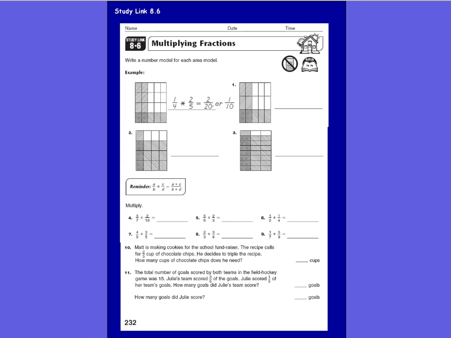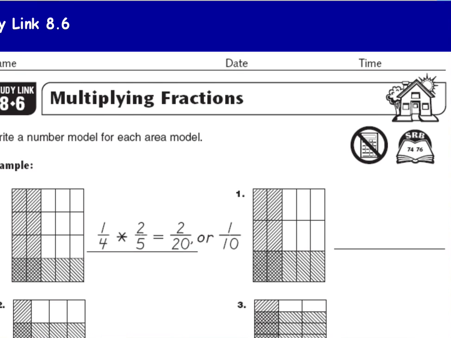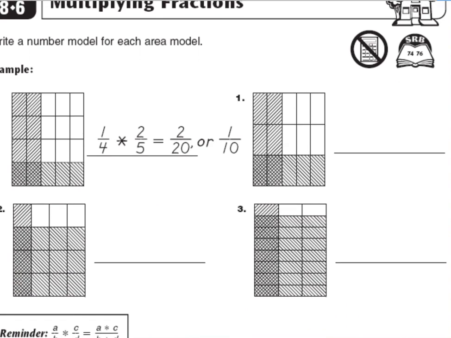All right, taking a look at some examples here. I'm going to blow it up a little bit for you. Taking a look at this example, we would have to write a multiplication sentence for it.